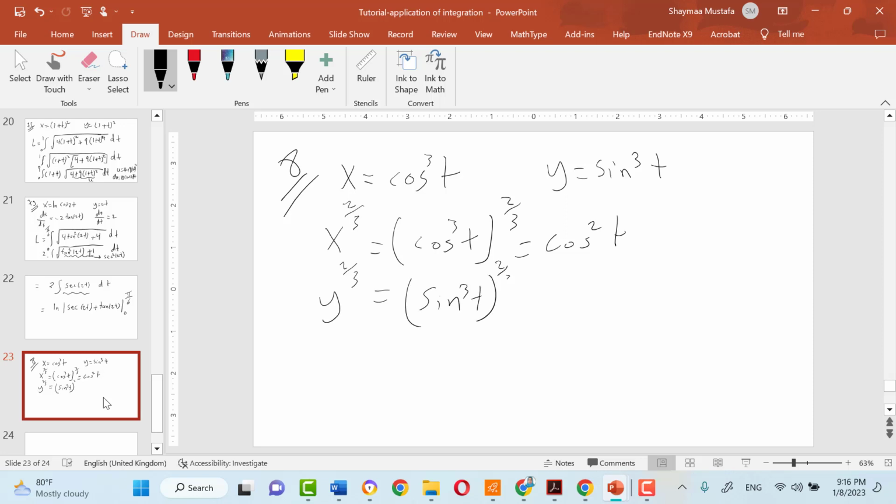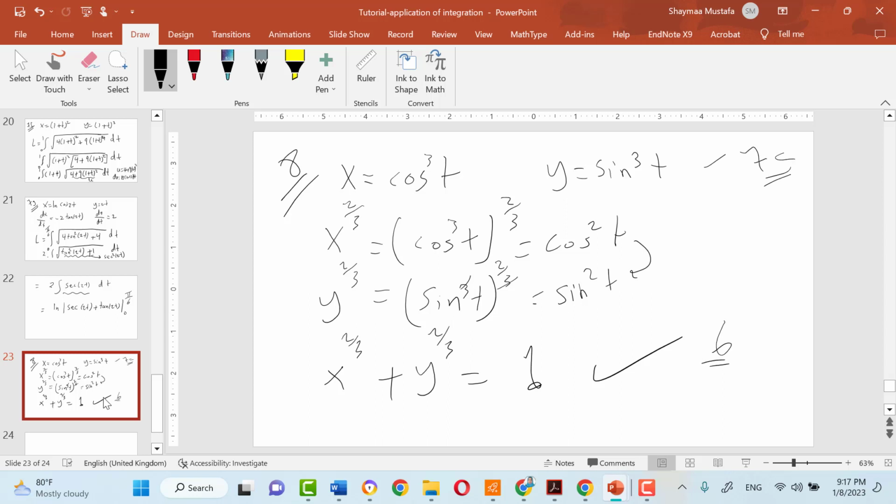So x to the power 2 over 3 plus y to the power 2 over 3 is cosine square plus sine square, which is 1. So this is the Cartesian form, and we can use this Cartesian form to find the length, as we did in question 6. Or we can use the parametric form. In question 7c, we use the parametric form. In question 6, we use the Cartesian form.